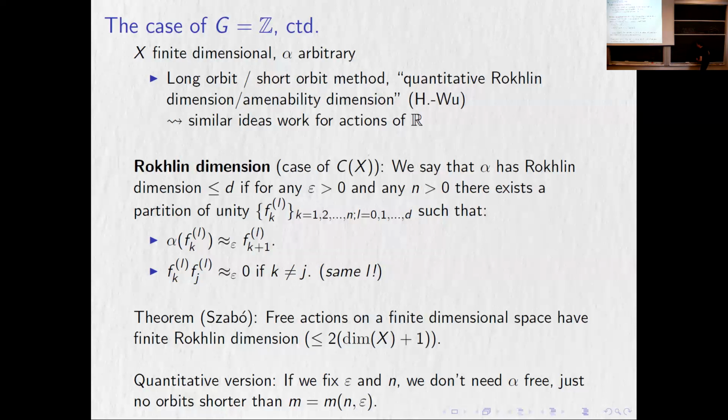The definition of finite nuclear dimension is that you can approximate the identity. For any finite set F, maybe I'll call this algebra B, and for any epsilon, there exists this type of approximation.